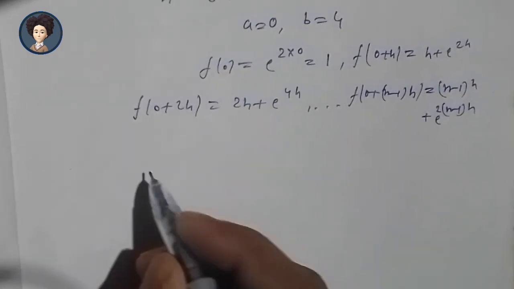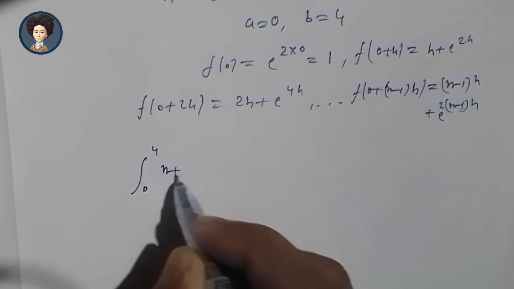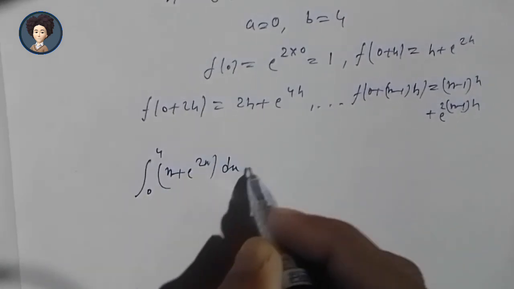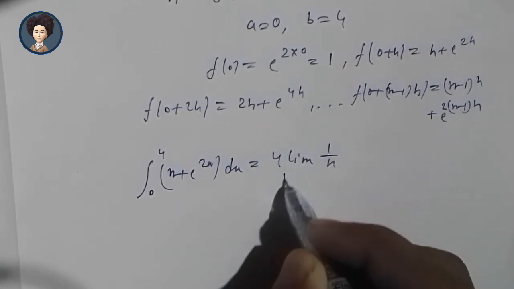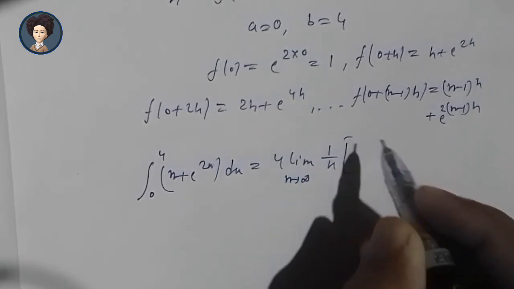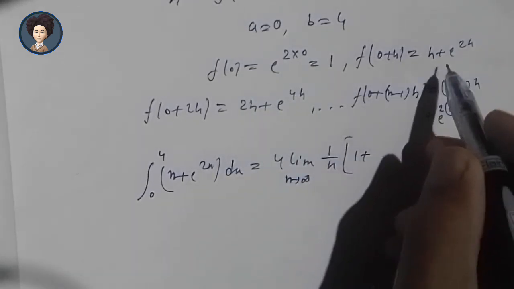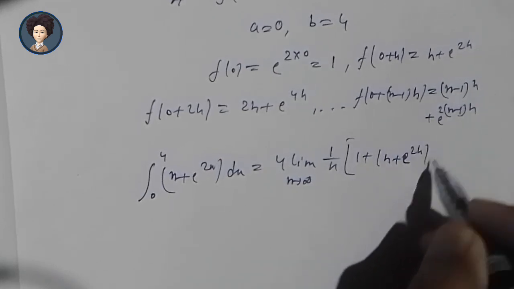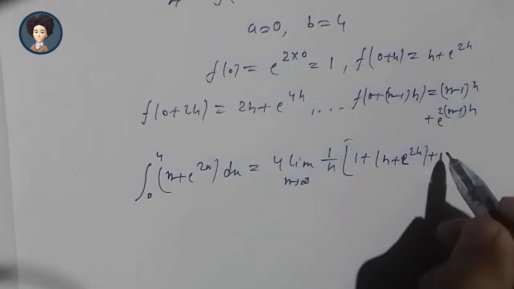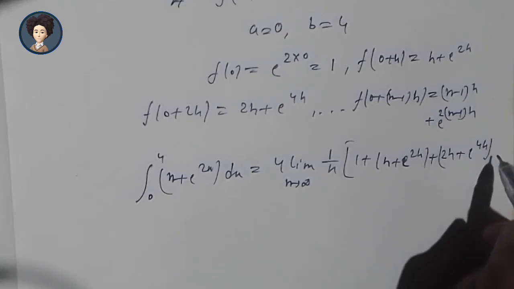So let me show you. Our integration from 0 to 4 of x plus e to the power twice x dx gives us 4 times the limit of 1 by n as n tends to infinity, and f of 0 gives 1 plus, f of 0 plus h gives h plus e to the power twice h, plus f of 0 plus twice h gives twice h plus e to the power 4h, and plus so on.